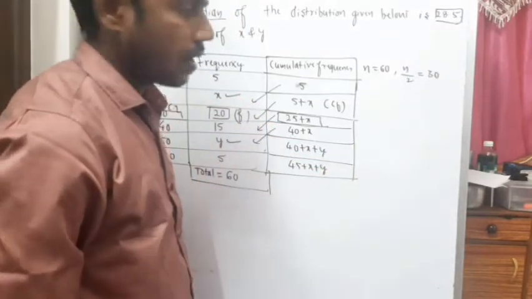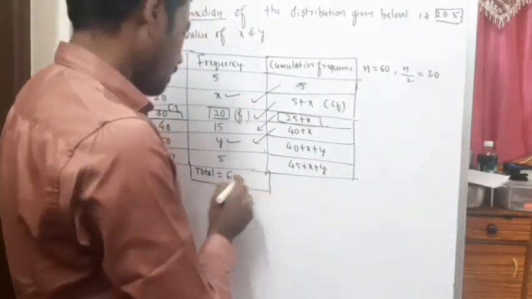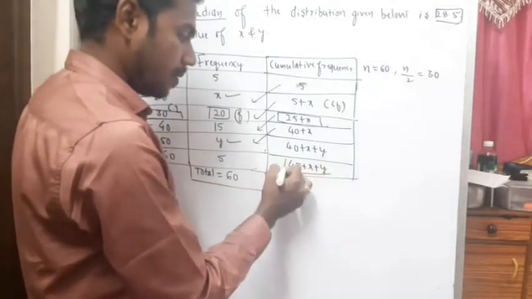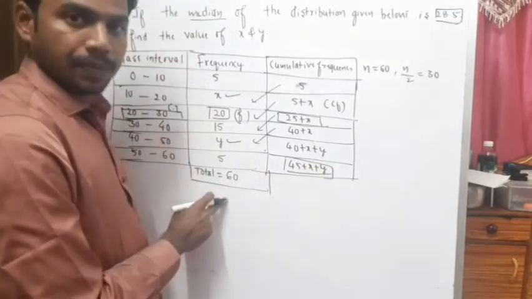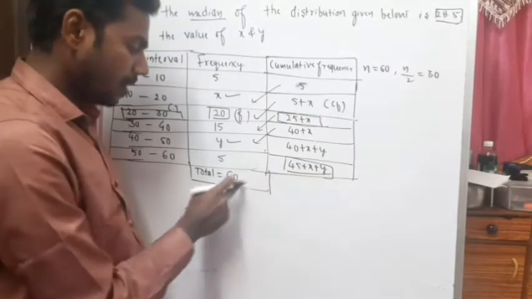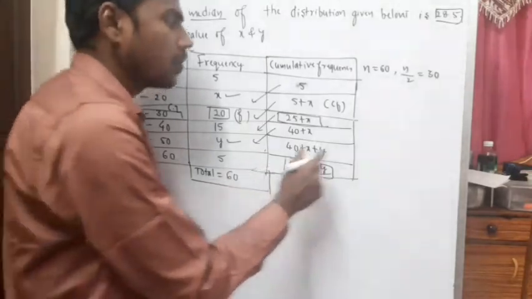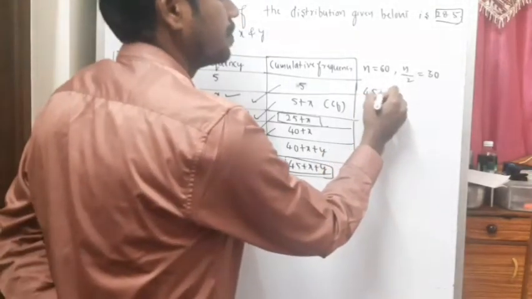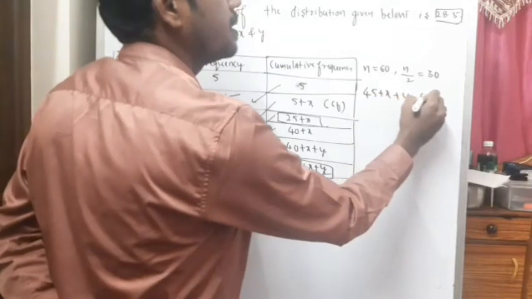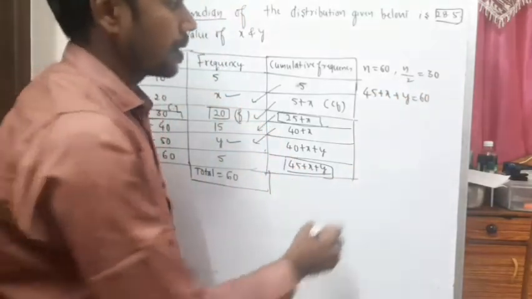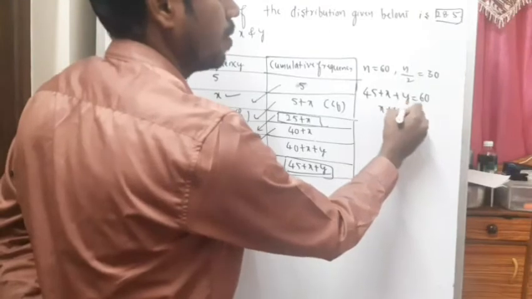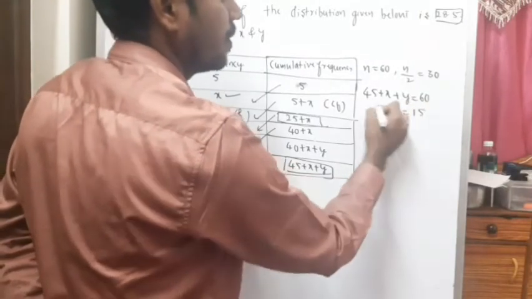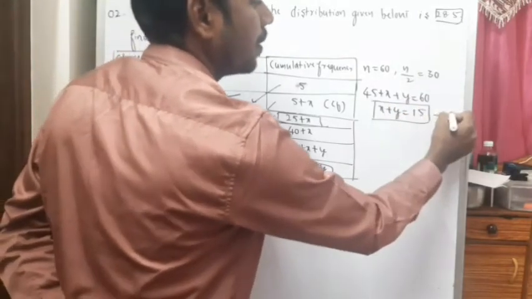Fine. And see, this total thing will be equal to 60, because when you add at the final end, you are going to get the total. So this 45 plus x plus y is equal to 60. So x plus y is equal to 60 minus 45, which is nothing but 15. We'll call it equation 1.